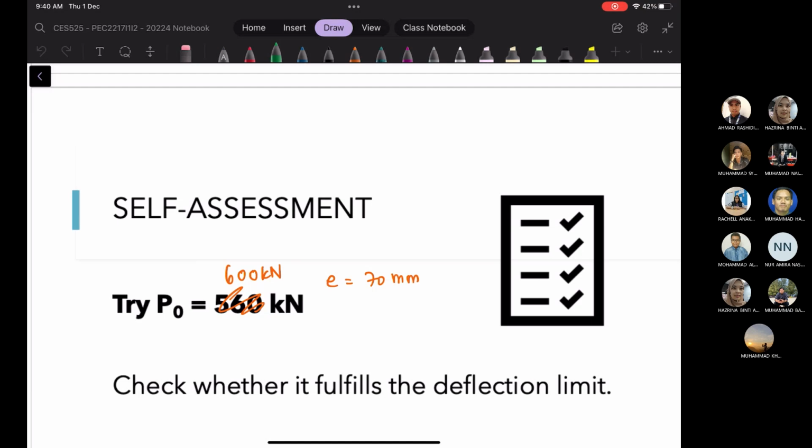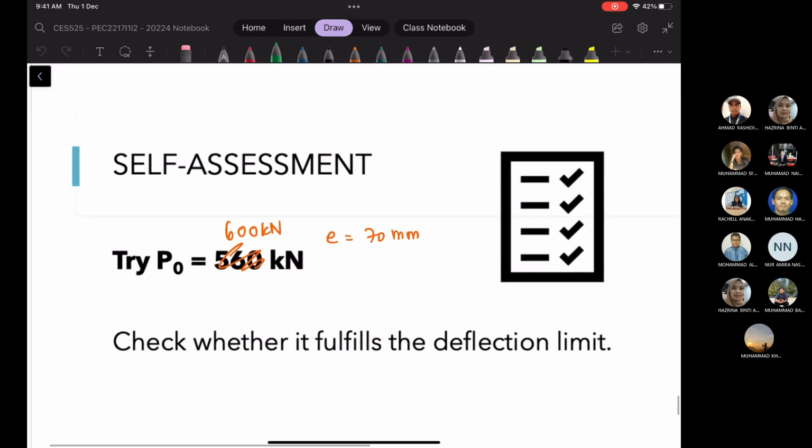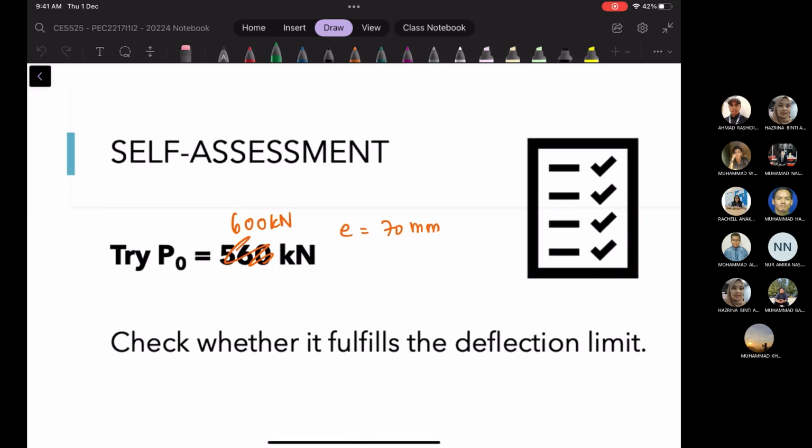Right, so any questions with regards to today's lesson? No, madam. Right, so whatever you have calculated for P0 and for the deflection, you can then enter into the formative assessment for this week, formative assessment for week 7.